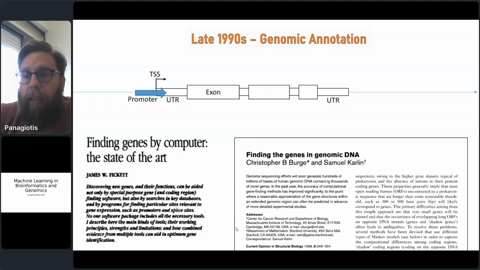And this is not as simple as it sounds, because most of the genome, we came to understand when this started happening, actually doesn't encode genes. It's only a small fraction of the genome that encodes genes. So in many ways, the genes are kind of lost in this background.